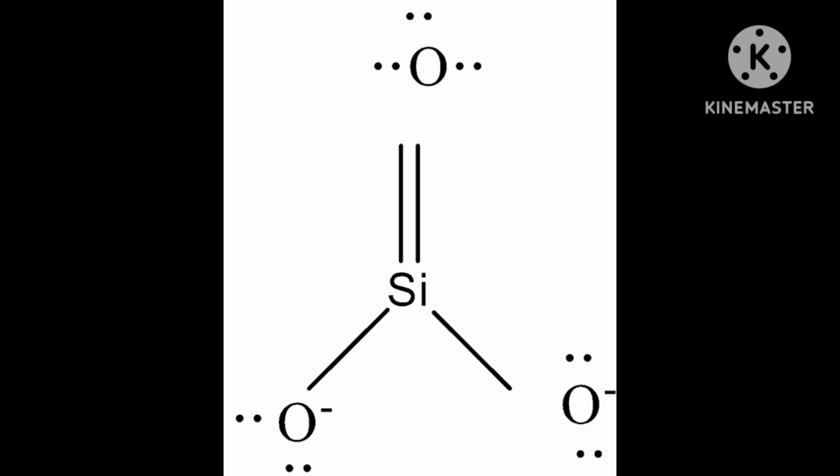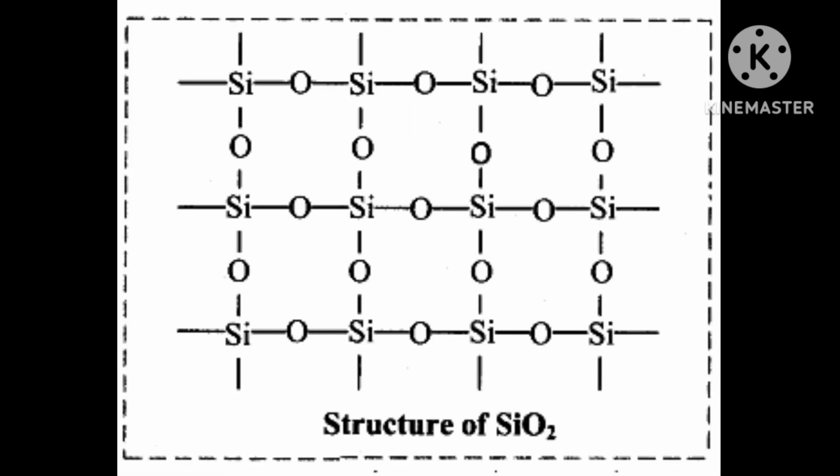It is a 3-dimensional network and can form large, giant molecules. Two important man-made silicates, not natural, are glass and cement. In both glass and cement, silicate is used.